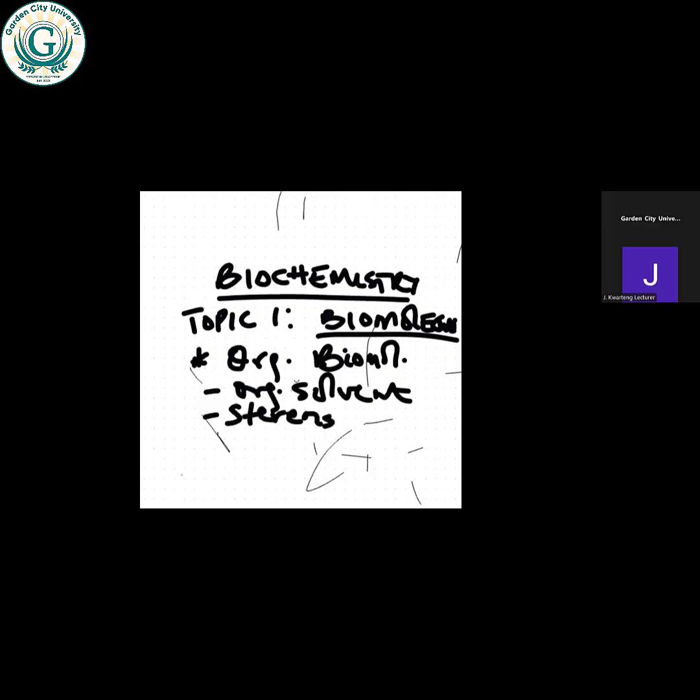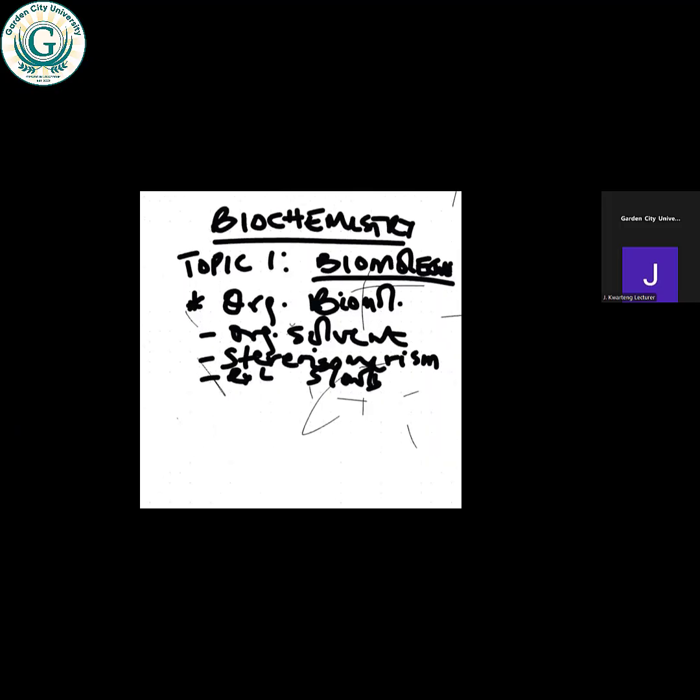And then they also react very slowly, but their reactions can be hastened by the introduction of what? Enzymes. And lastly, we said that they contain carbon, hydrogen, and what? Oxygen.